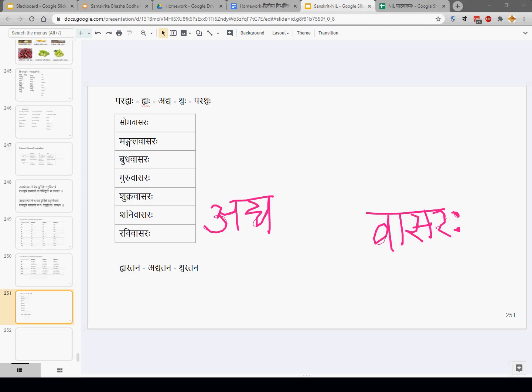Now we want to add the question word here. Adya Vasaraha. So first let's answer it now. What is the day today? Out of these 7 days, which one should we pick? Shanivasara. Adya Shanivasaraha. So that is the answer.